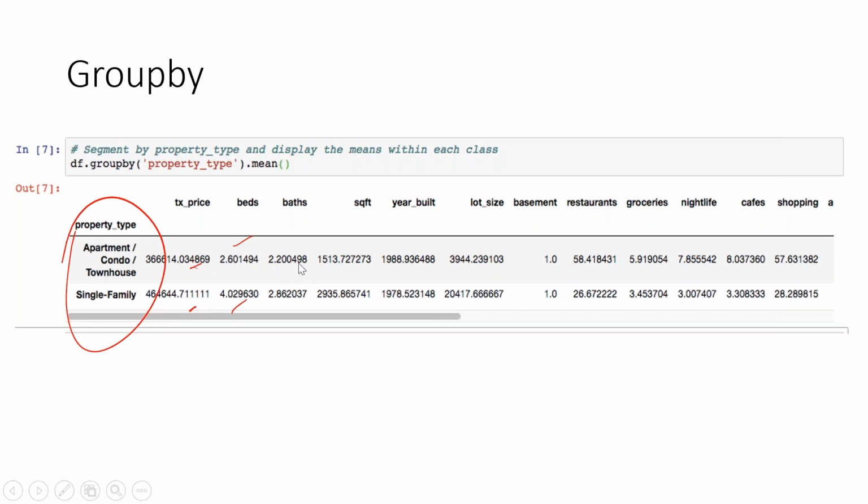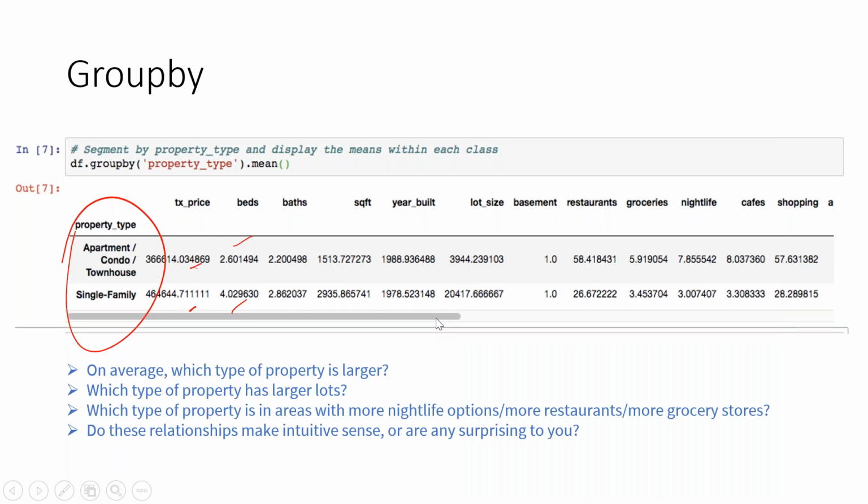Bathrooms, on average apartments have two, single family 2.8. The lot size of apartments is smaller, 3,944 square feet, here 20,417. So you will look at it.